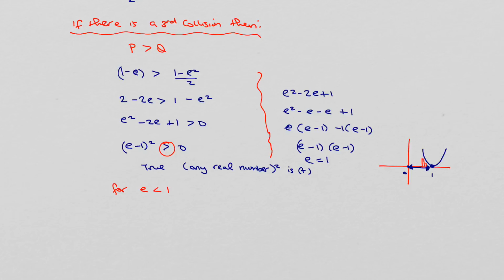But of course, e can't be greater than 1. It's not possible. And e can't be less than 0 either. So realistically, we should be saying 0 is less than or equal to e, which is less than 1. So this is what e has to be if there is one more collision.